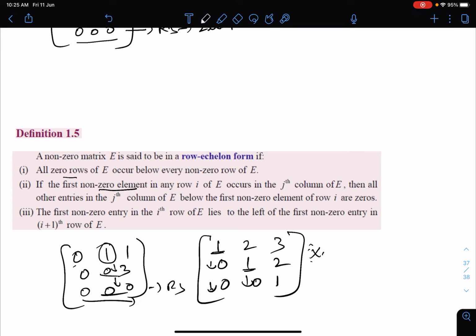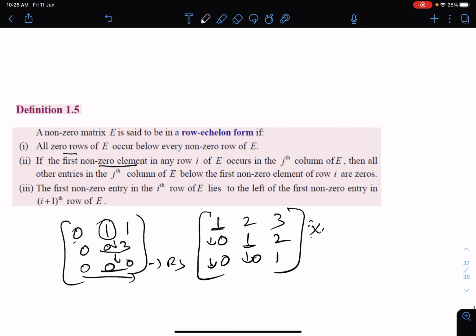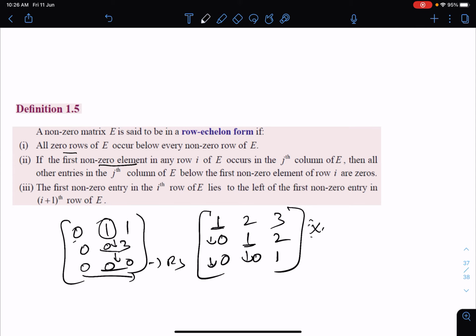And the first non-zero entry in the ith row lies to the left of the first non-zero entry in the (i plus 1)th row. This is the first non-zero entry in the first row, and in the second row this is the first non-zero entry, which lies to the right of it.